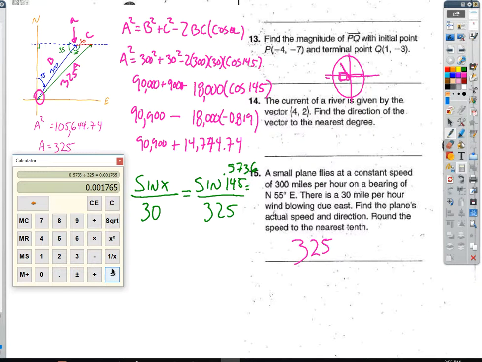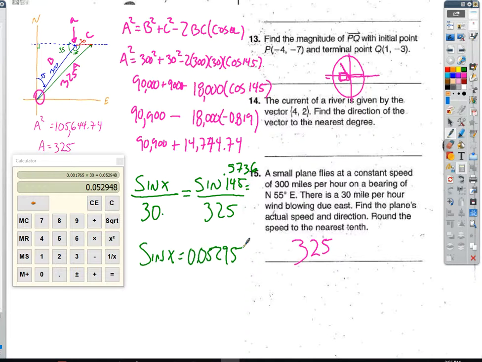And now I need to multiply by 30, because that's going to get rid of the denominator here, bring 30 over here. So times 30. And so I get the sine of x is equal to 0.0529.